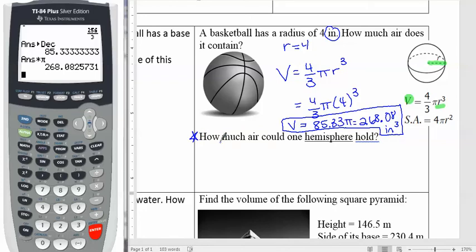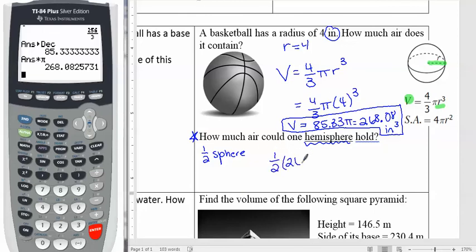Now it asks me a new question. It says, how much air could one hemisphere hold? Well, what the heck is a hemisphere? Oh, it's just half a sphere. If I could write and spell, it would be great. Okay, half a sphere is a hemisphere. So if I look, I'm just going to take my volume from here and I'm going to half it.